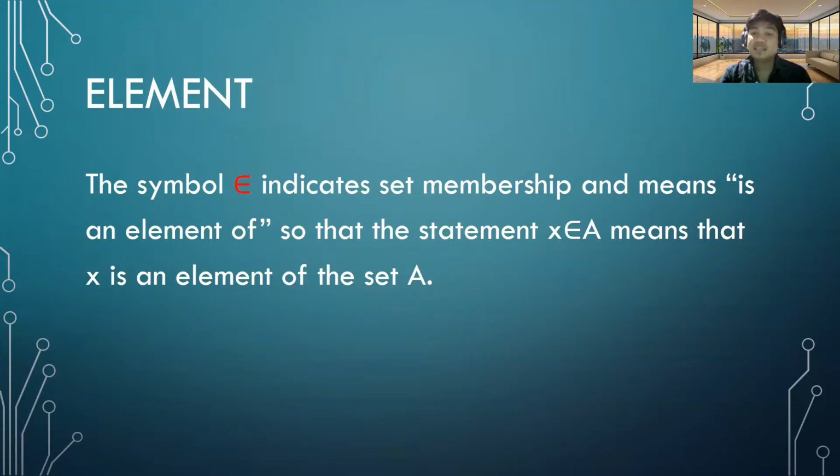So the statement x ∈ A means that x is an element of set A. Ginagamit natin itong small letter epsilon na to, isa siya sa mga Greek alphabet, na ibig sabihin nito, kapag nakita nyo ito sa set theory, yung object or yung element or yung thing or any particular member, ibig sabihin nun, belong siya doon sa isang set.